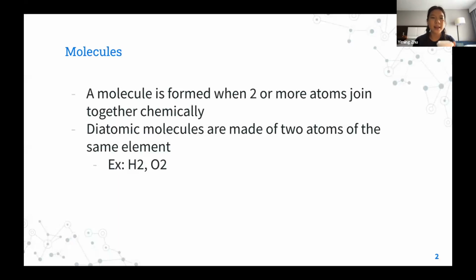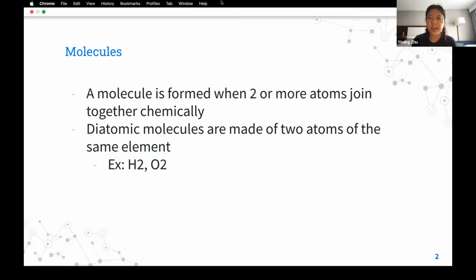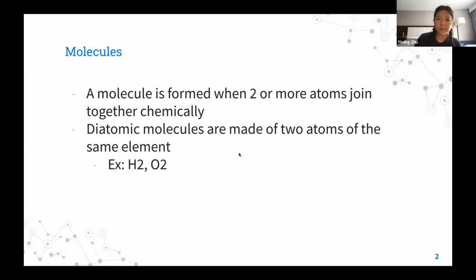Okay, before we get to that slide, can anybody tell me what the difference between intermolecular and intramolecular is? I guess you guys can put it in the chat. Or if you don't know, just say you don't know, and then I can go ahead and explain it.